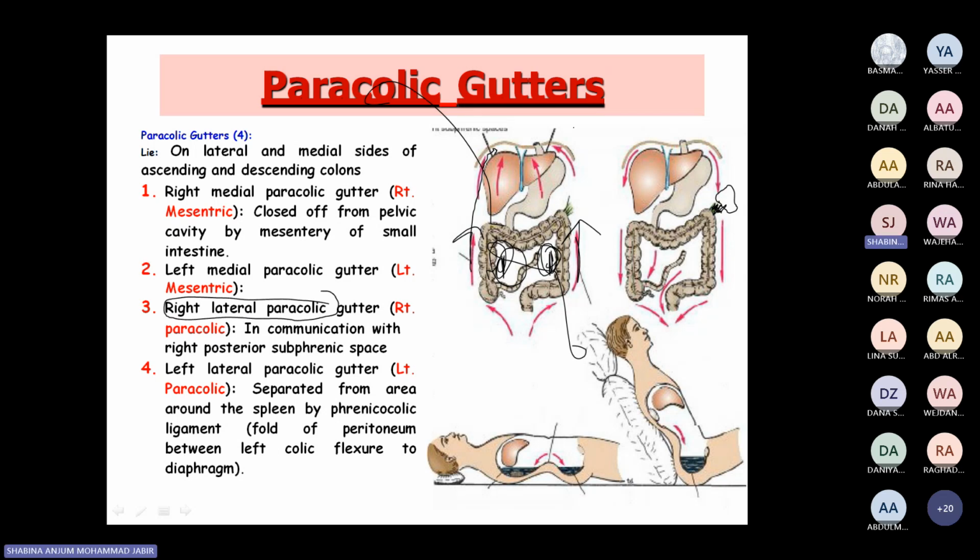If there is any inflammation or abscess of the liver, or something related to the lungs, the inflammation may reach this area, and finally it may reach the pelvic cavity. So this is the open space. Mostly you will see these medial spaces are closed, and here you will also have the ligament, but this space is open.